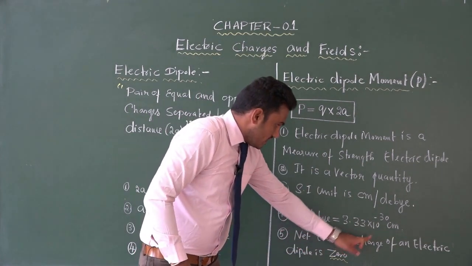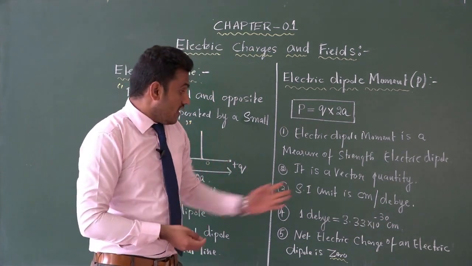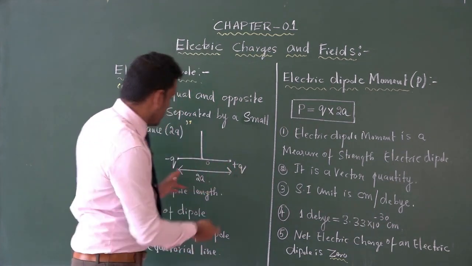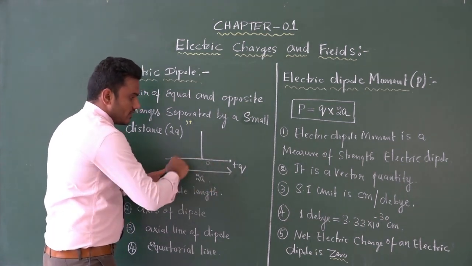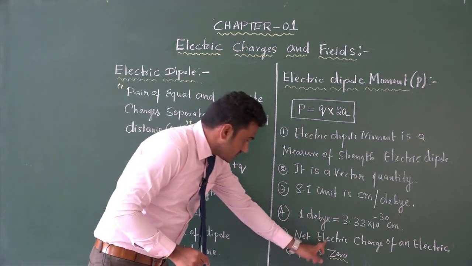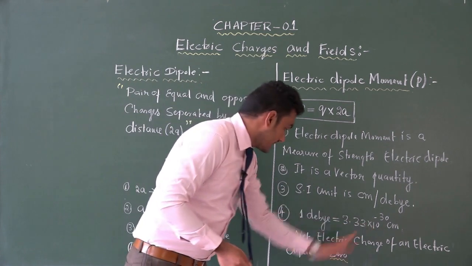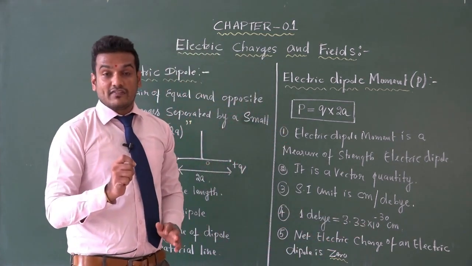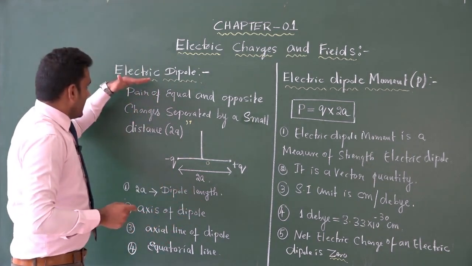Net electric charge of an electric dipole is 0, meaning the total electric charge is 0. Why? Because look at this electric dipole: the charges are equal in magnitude and opposite in direction, so they cancel. So the total electric charge of an electric dipole is 0, but the electric field is not 0. So this is all about electric dipole moment.